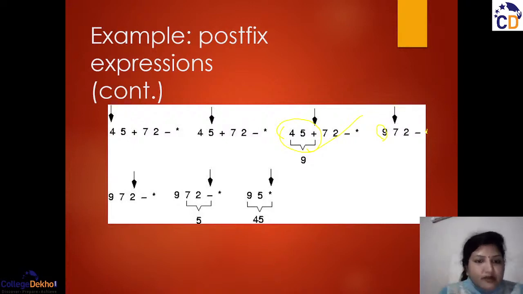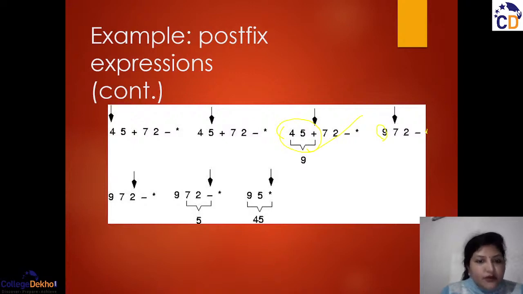Coming to the next part. Once we have completed the first step, from left to right we have applied the operators. The second operator that comes in this series is minus. And what are the two numbers, two operands, on which this operation is going to be performed? That is 7 and 2, and the operator is minus. 7 minus 2 is 5.